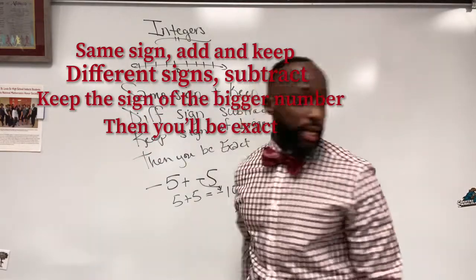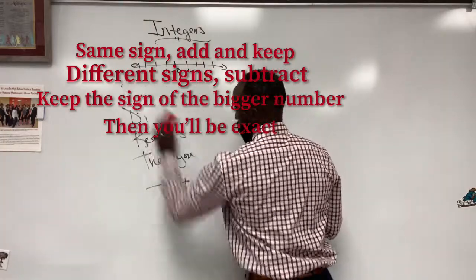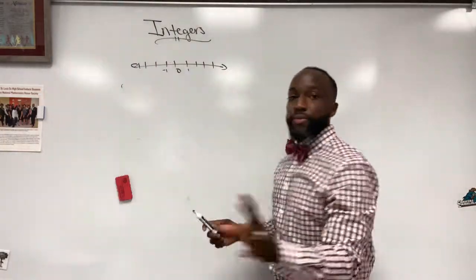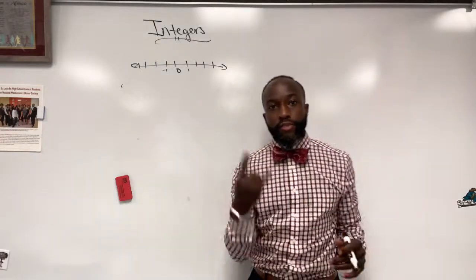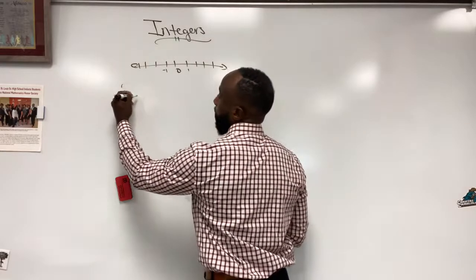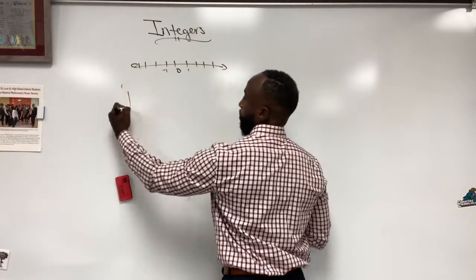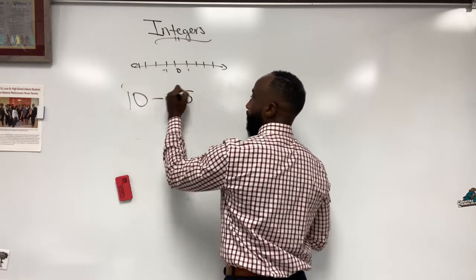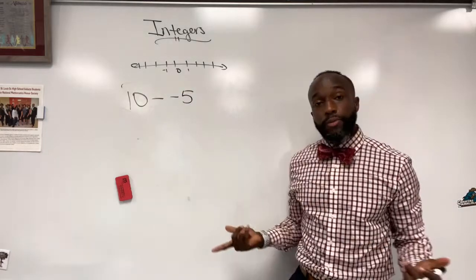Cool. We understand that. Now, with adding and subtracting integers, there's this other part: there are going to be cases where you have two signs at a time. For instance, let's use one of our original examples, 10 minus -5. This is a double sign.